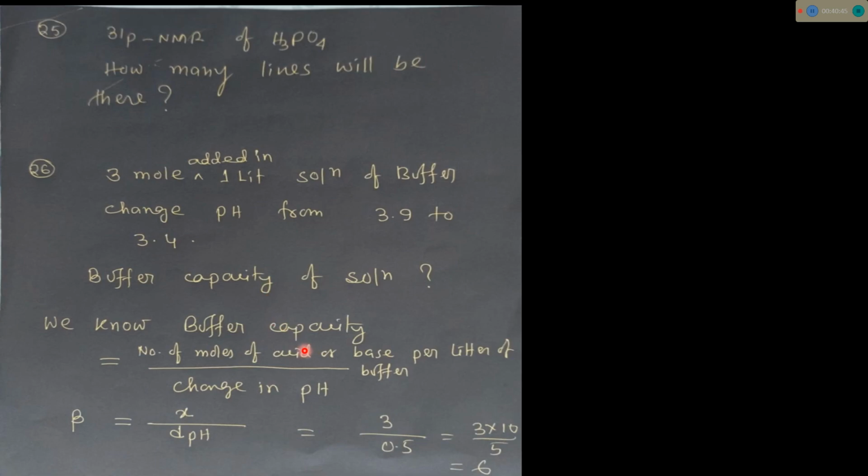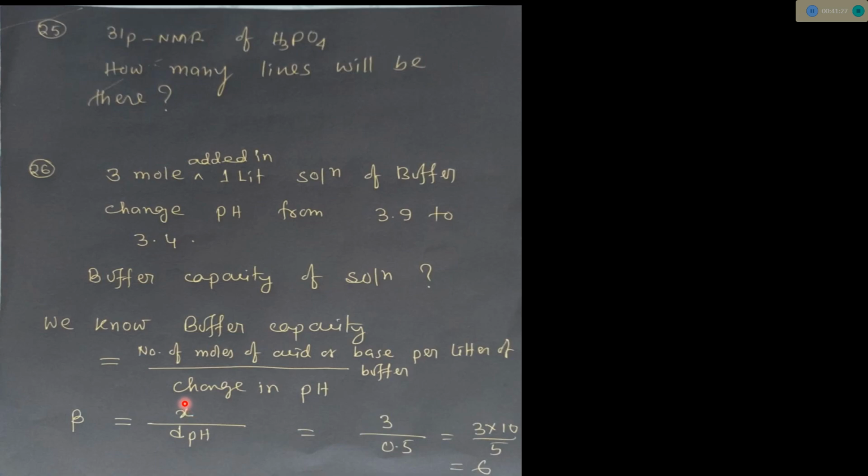We can define buffer capacity this way: the number of moles of acid or base added per liter of buffer, divided by the change in pH. That is beta equals x by dpH, where beta is the buffer capacity.